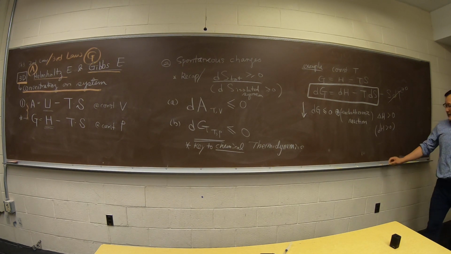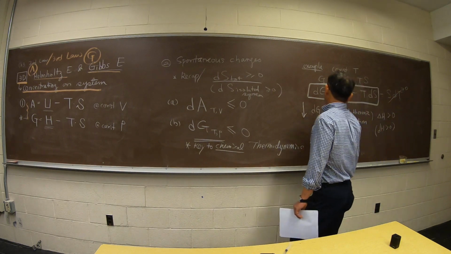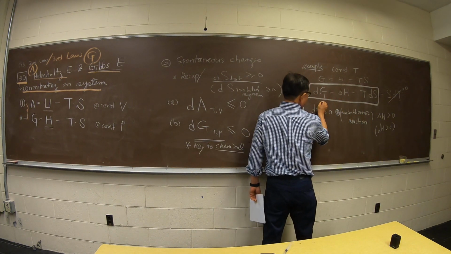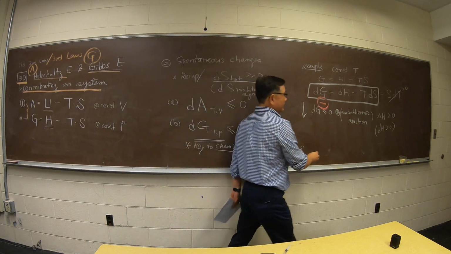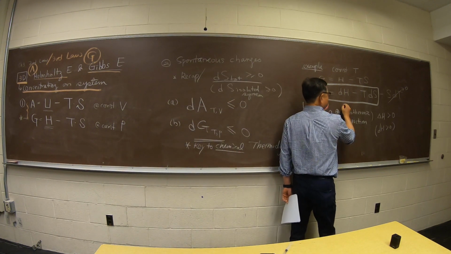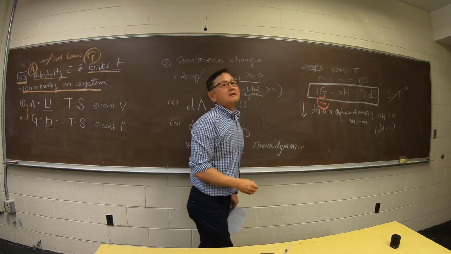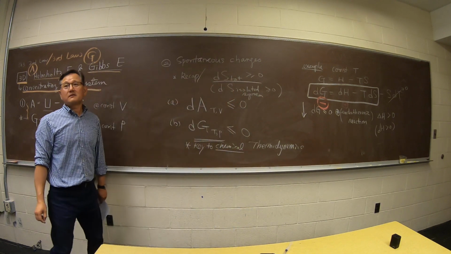But think about it. When things naturally happen, dG has to be negative, right? Well, for endothermic, this is positive here. Not good, right? Not good.